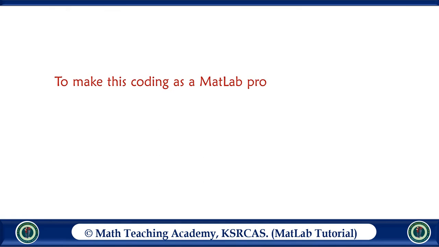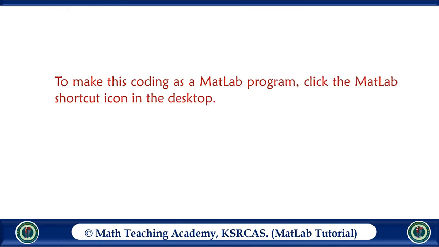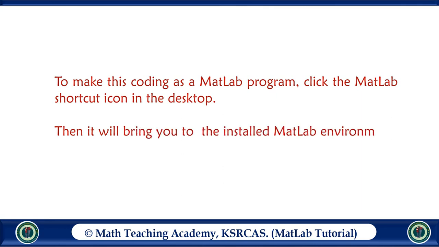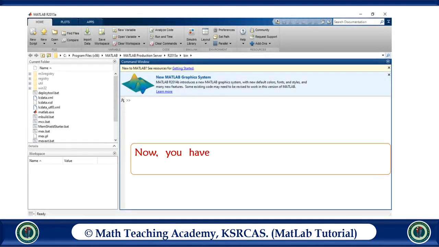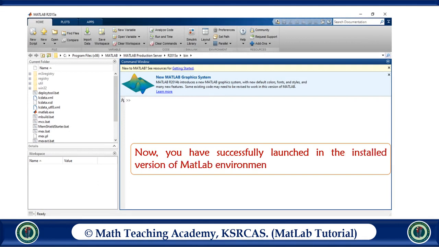To make this coding a MATLAB program, click the MATLAB shortcut icon on the desktop. Then it will bring you to the installed version of the MATLAB environment. Now you have successfully launched the installed version of MATLAB.